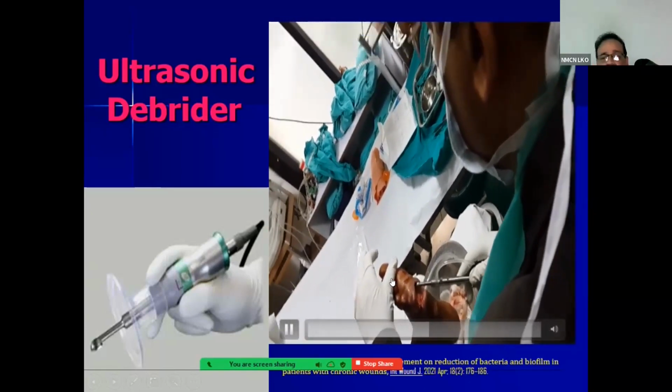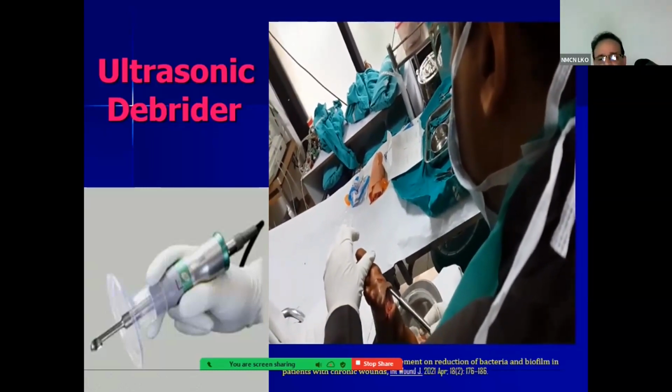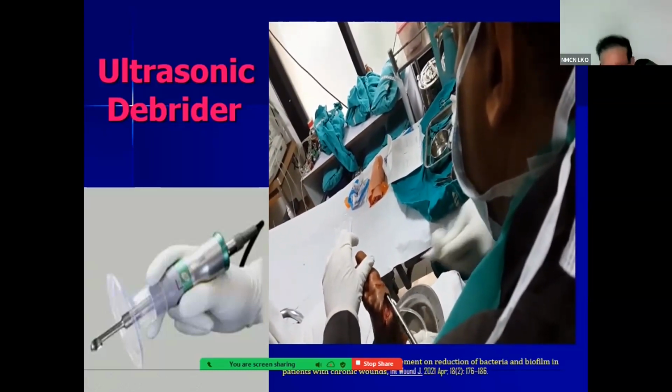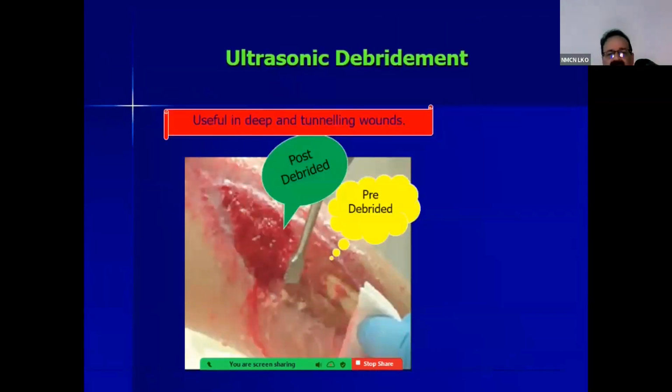There is formation of ultrasonic vapor bubbles, which fragment the dead necrotic tissue or the slough. And this, you can see on the right side is the pre-debrided, on the left side post-debrided. So the biofilm has been removed.